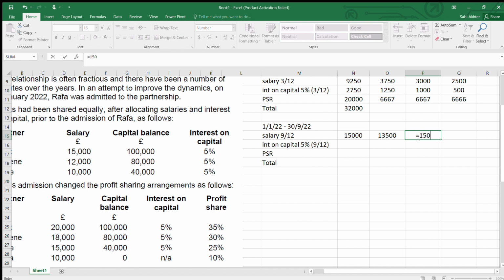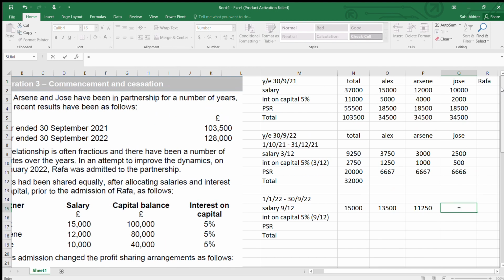Then it is 15,000 into 9 months and... wait, this is the total. 15,000, 13,500. This is the total column.